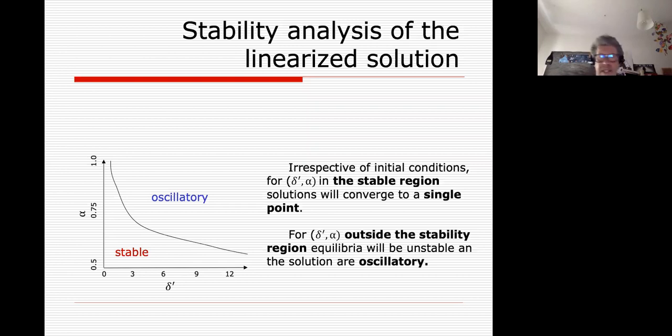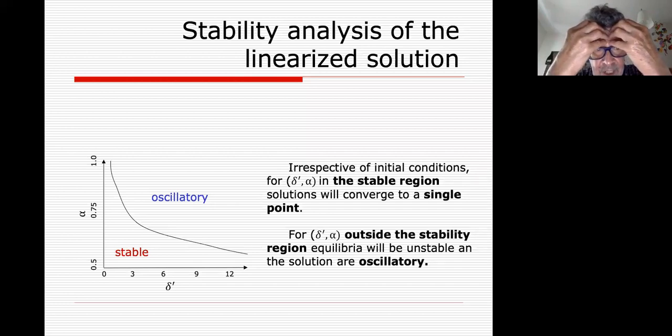We can look at the stability of the linearized solution, looking at the phase space given by alpha and delta. Alpha is the ratio between A and B, and delta, or delta prime, is the adimensionalized variable related to the time delay. So it is a delay without any physical dimension.